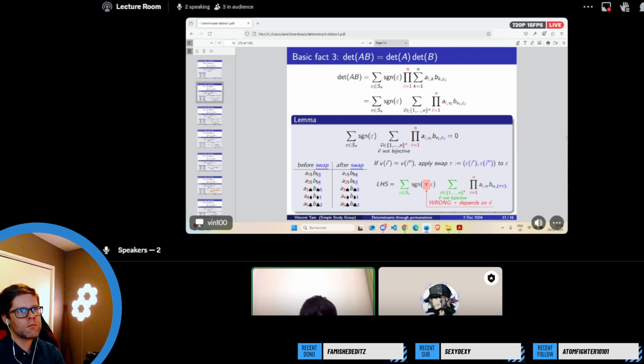So we put this assumption and apply some swap, and we observe that after the swap we are still taking the product over the same set of terms. These terms to be multiplied are still the same. So here what we will get is something like this.